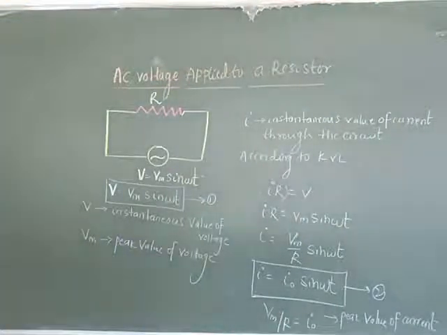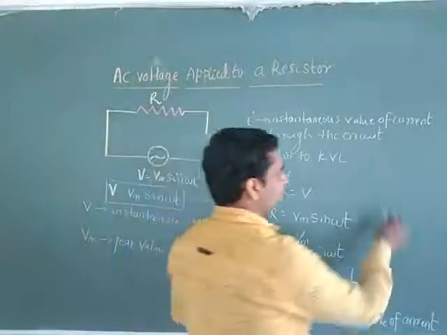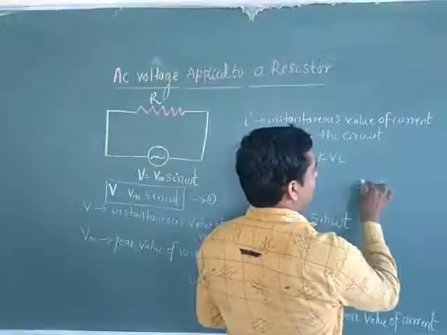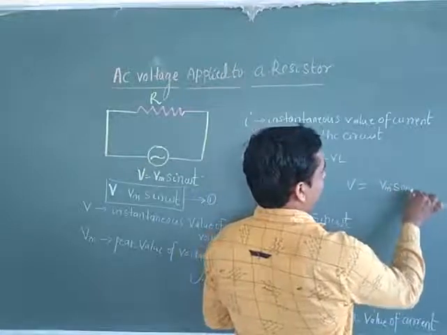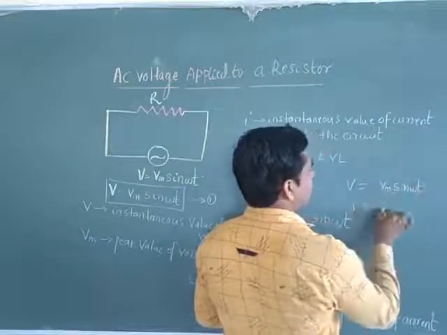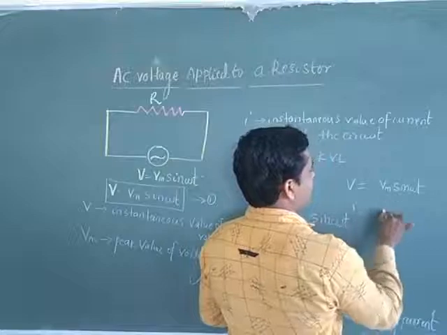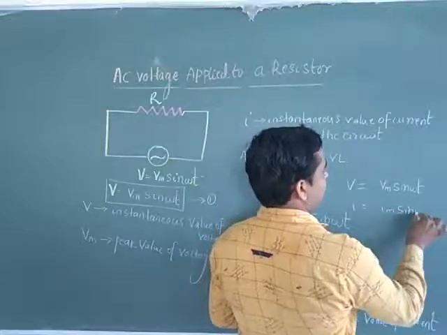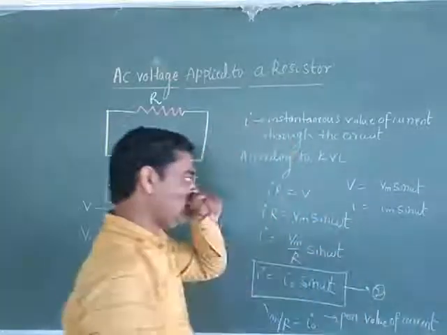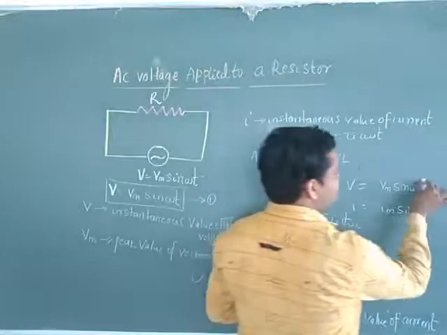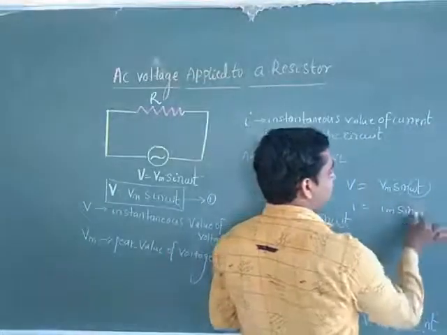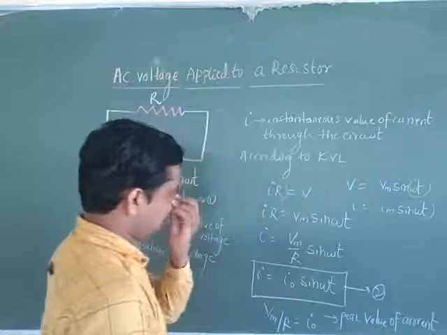And from equations 1 and 2 we can understand here that the current through a resistor is in phase with the voltage. The current and voltage are in phase. That means V is equal to Vm sin omega t, and I is equal to Im sin omega t. So from these two equations, this is the phase of AC voltage and this is the phase of AC current.